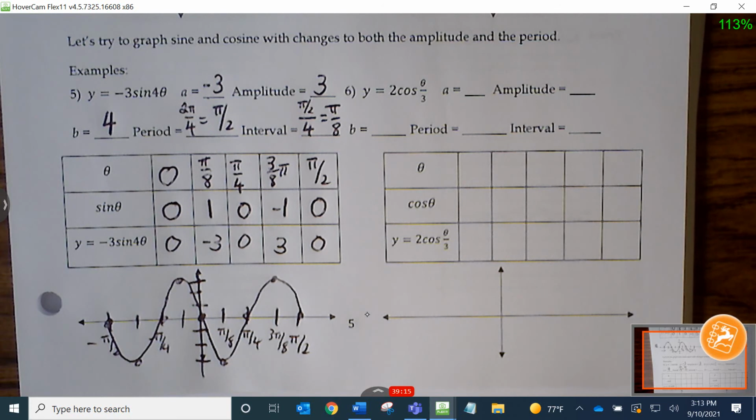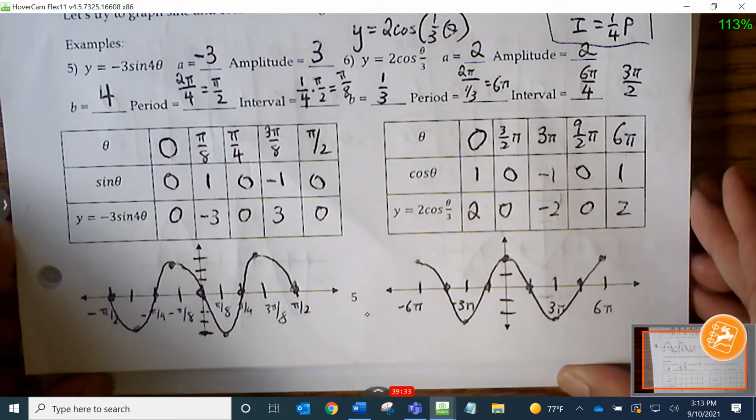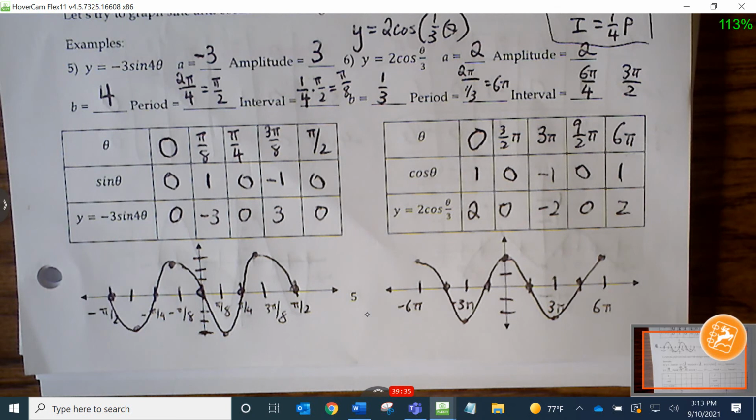I can tell. It's not diagonal. Yeah, we're going to make our own table. Okay, let's go over number 6. Do you guys have any questions?